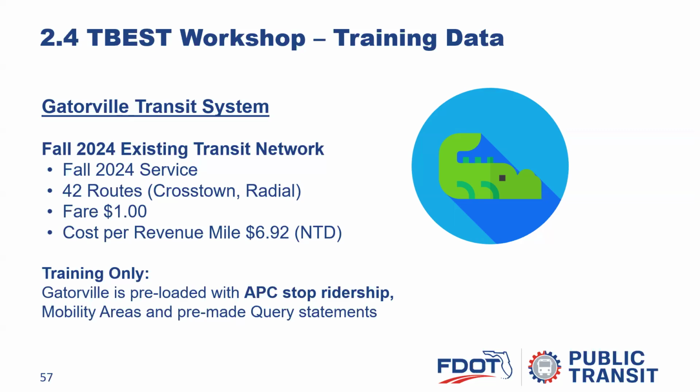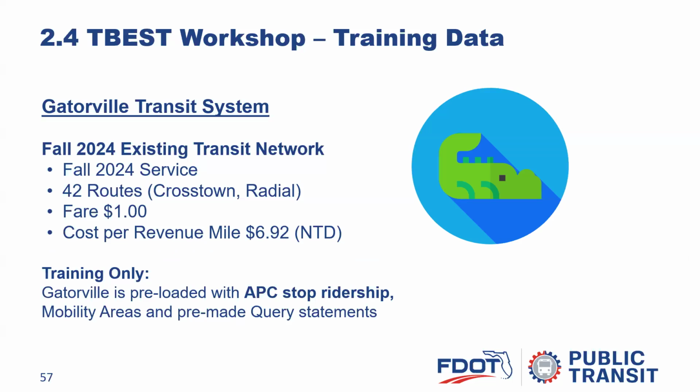For the training only, this Gatorville transit system is preloaded with the APC stop ridership data. That is the observed stop level ridership data that you can bring in through the GTFS. If you have a GTFS for your agency, as I mentioned earlier, you can add in the stop ridership.txt file that you first populate with your APC data, add it into your GTFS, and then import it into TBEST.